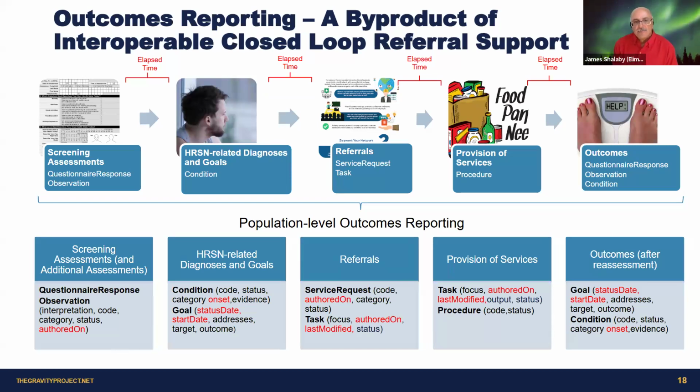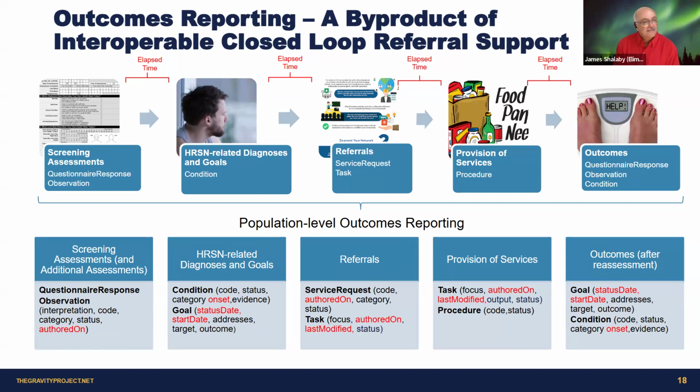For outcomes reporting, we think of it as a byproduct of interoperable closed loop referral support. The top swim lane, or the top row, illustrates what happens at an individual patient's level. So there's a screening or assessment. We're going to be using AHC HRSN as our example through the rest of this discussion, just to make things very concrete, but it will apply to any other type of screening.